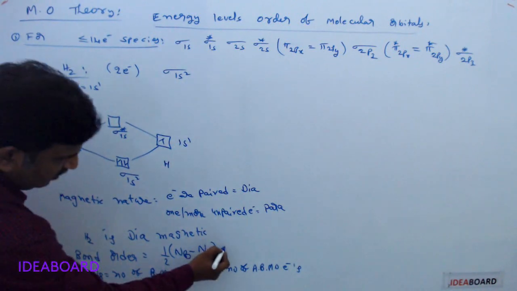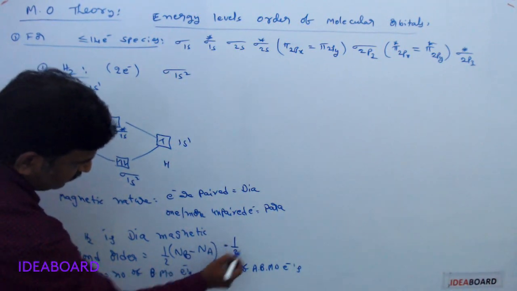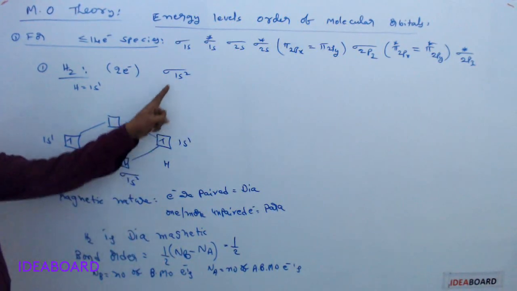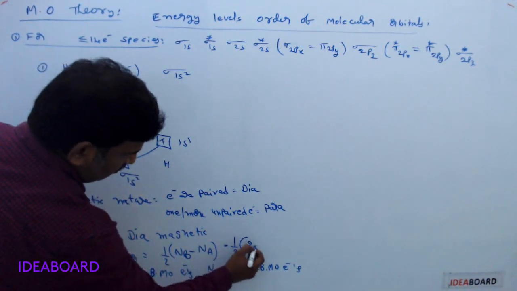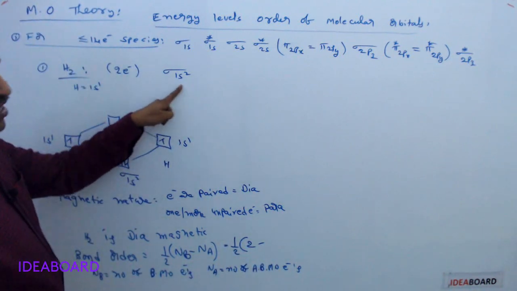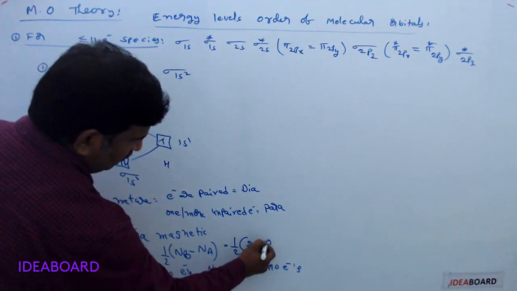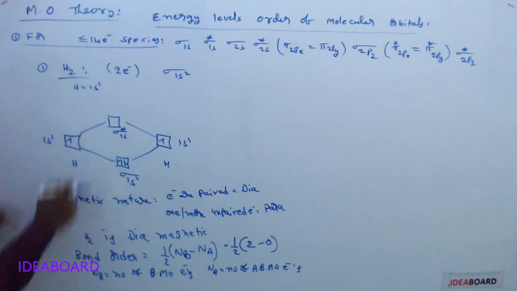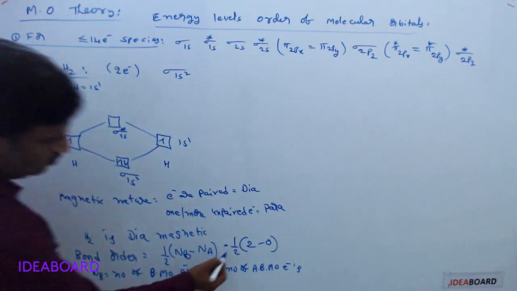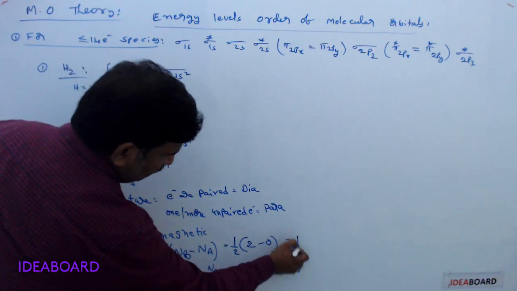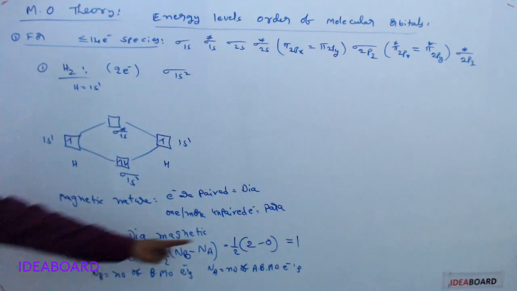So now I am writing half into NB, the bonding electrons. How many do we have in H2? 2. So it is 2 minus, is there any anti-bonding? No, so it is 0. You can check here also, it is empty. So 2 by 2 we get 1. Bond order is 1.